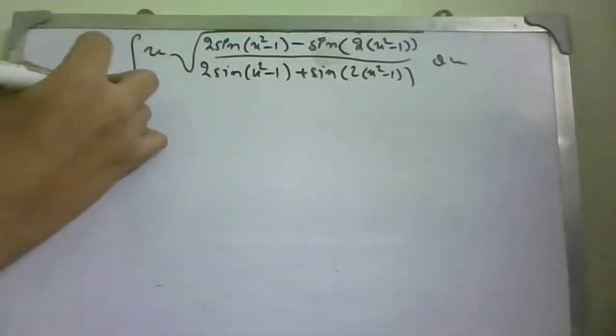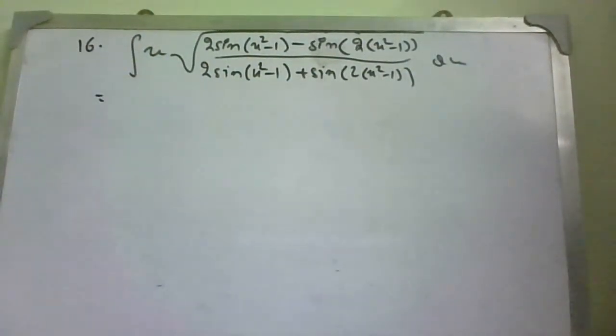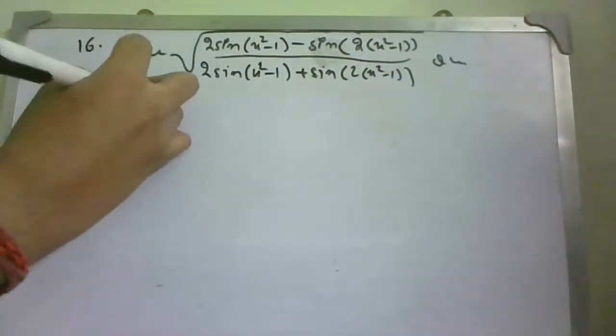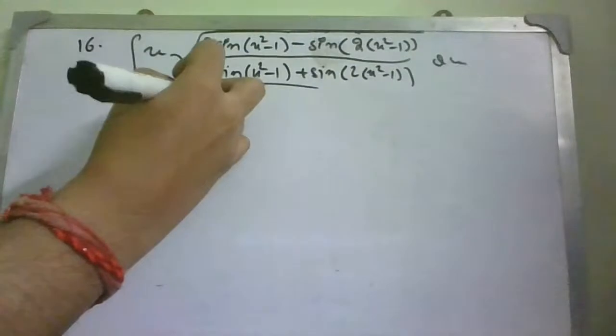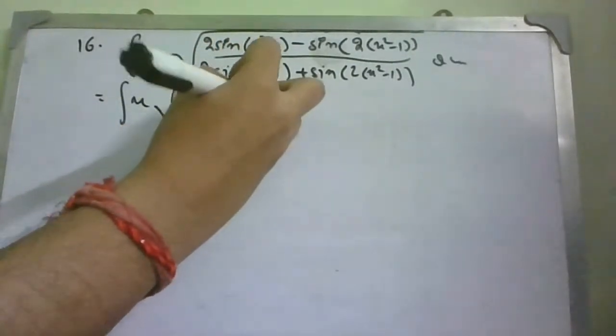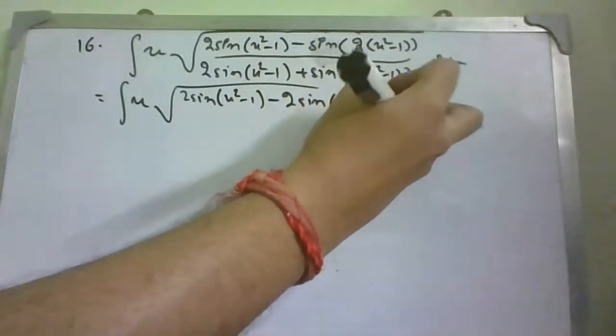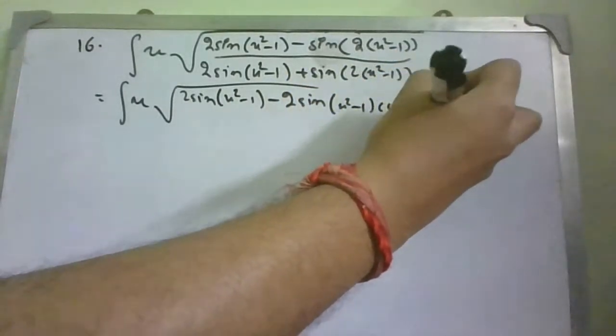So again, a pretty simple question. Why is it simple? Because we can see that it is sine of 2 something. So if we expand this, it will be 2 sine of x square minus 1 cos of x square minus 1.